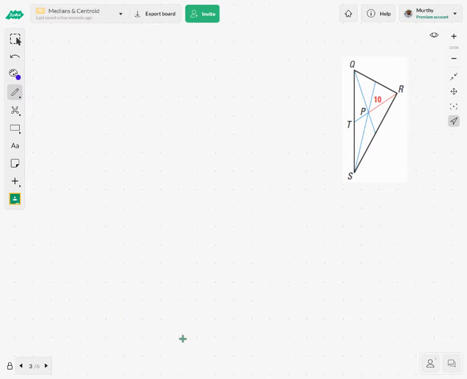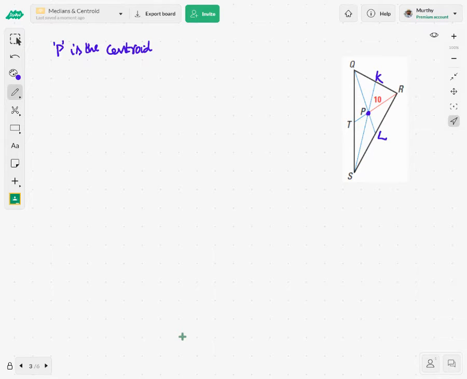Then coming to the next question, let me label it as, say, K, maybe L, some letters I'm taking. And here in this question, P is the centroid.